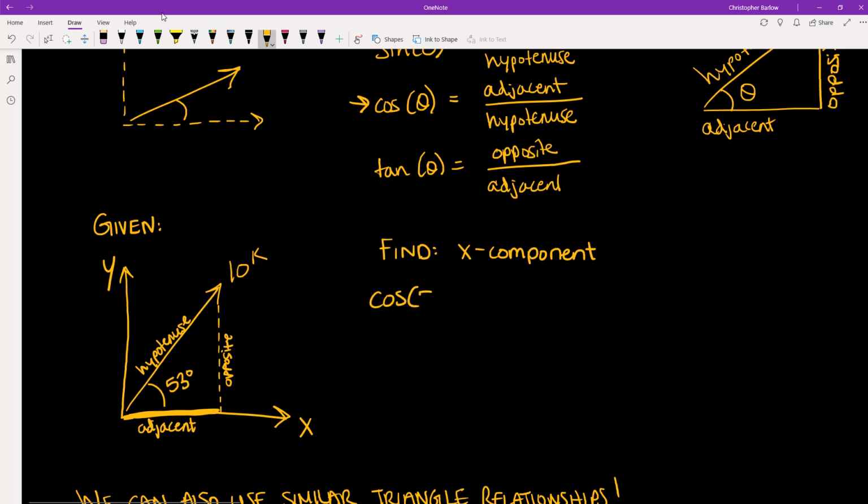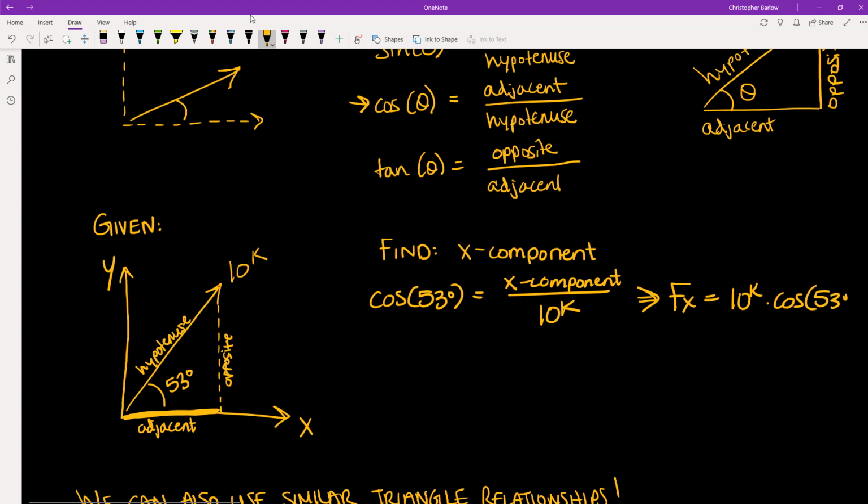So cosine 53 degrees will be equal to the adjacent side, which is what we want, the x component, over the hypotenuse, which is the magnitude of that force vector, 10 kips. And so we get that the x component, we'll call it Fx, is equal to 10 kips times cosine of 53 degrees, which comes out to about 6 kips.